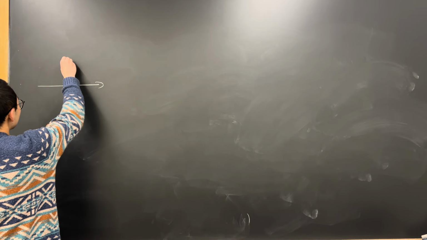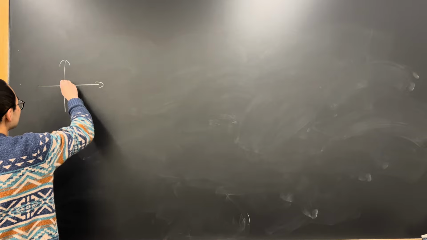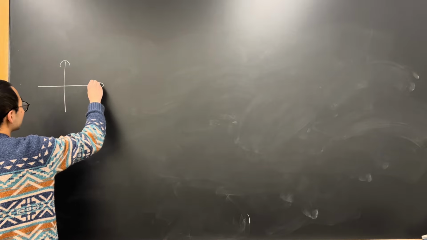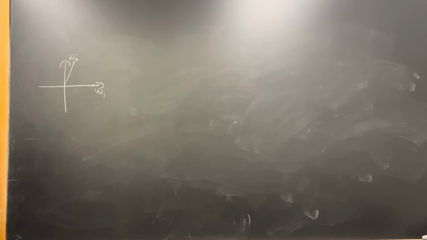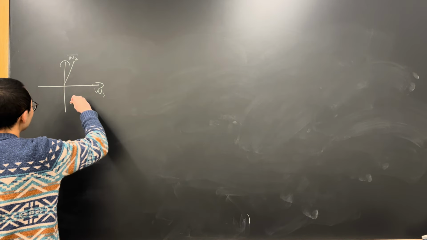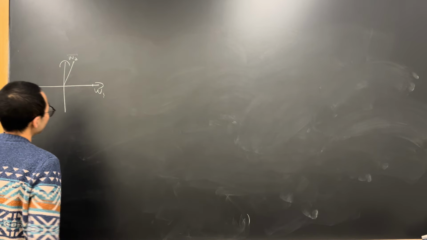I think last time we concluded that the conjugate scenario cannot happen, right? So if you have, let's say, omega 1 here, and omega 2 right here, I cannot have the conjugate of omega 2 and then add omega 1.